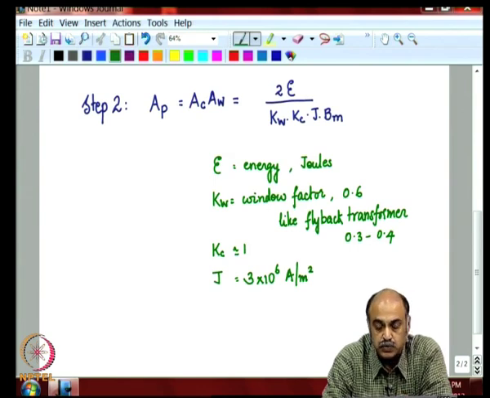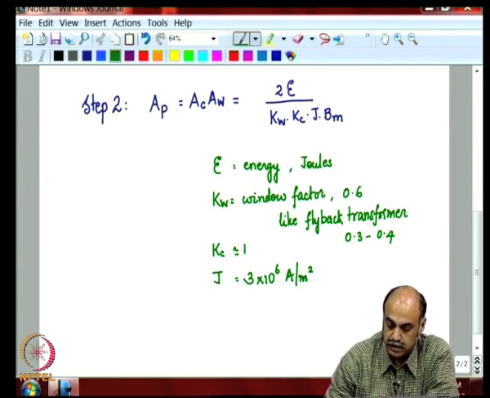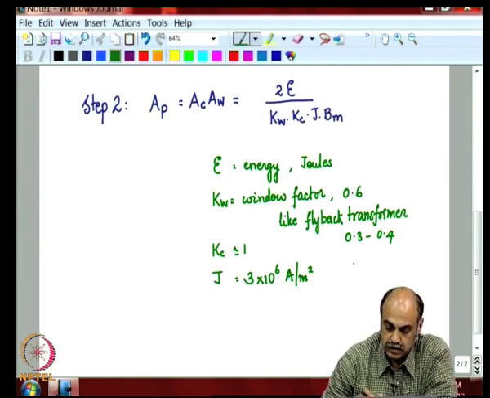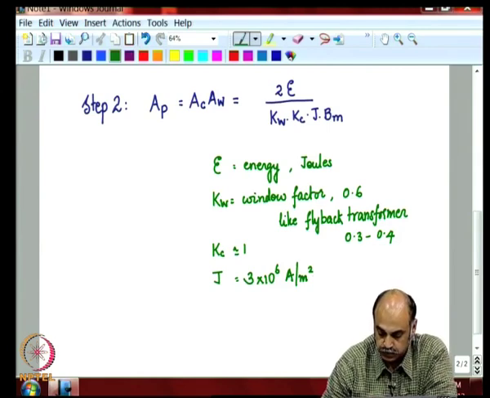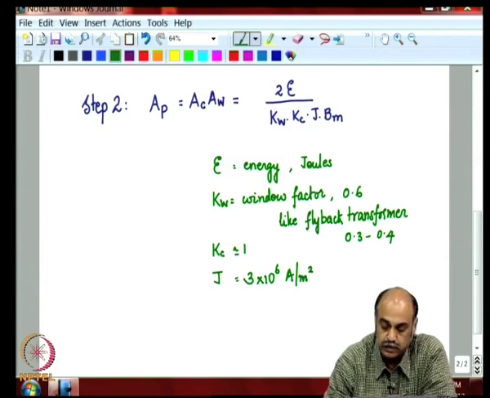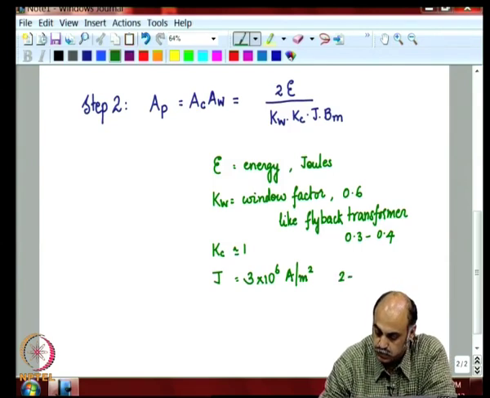This is a designer choice, and depending upon the power levels, the designer would choose a current density for the copper in this range, that is 2 to 5 amp per mm square.